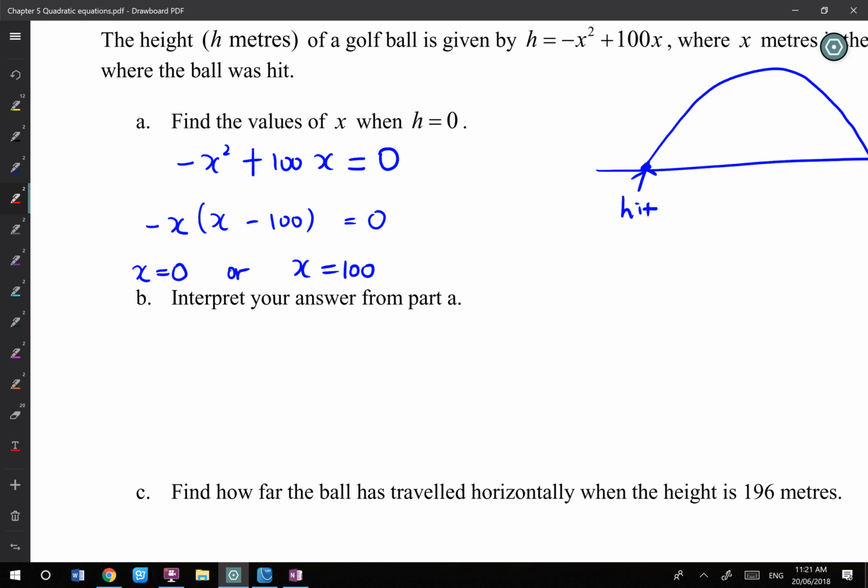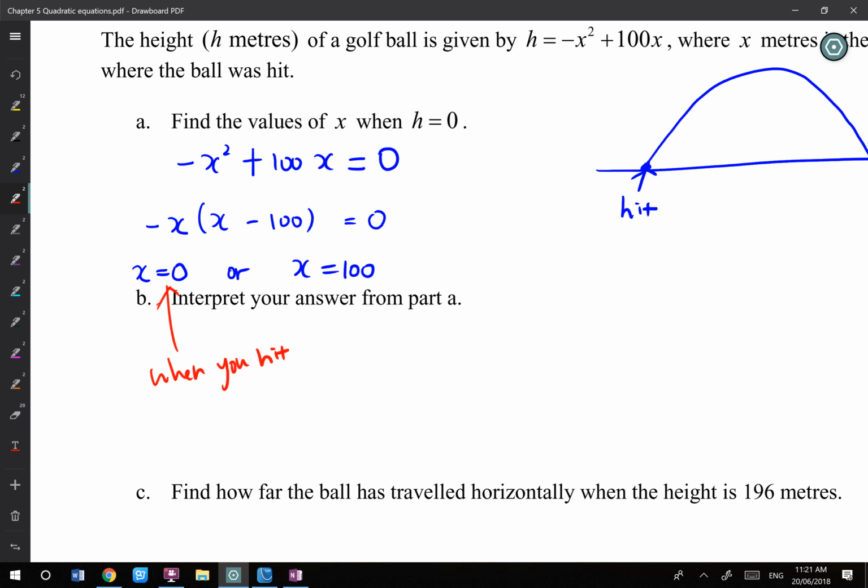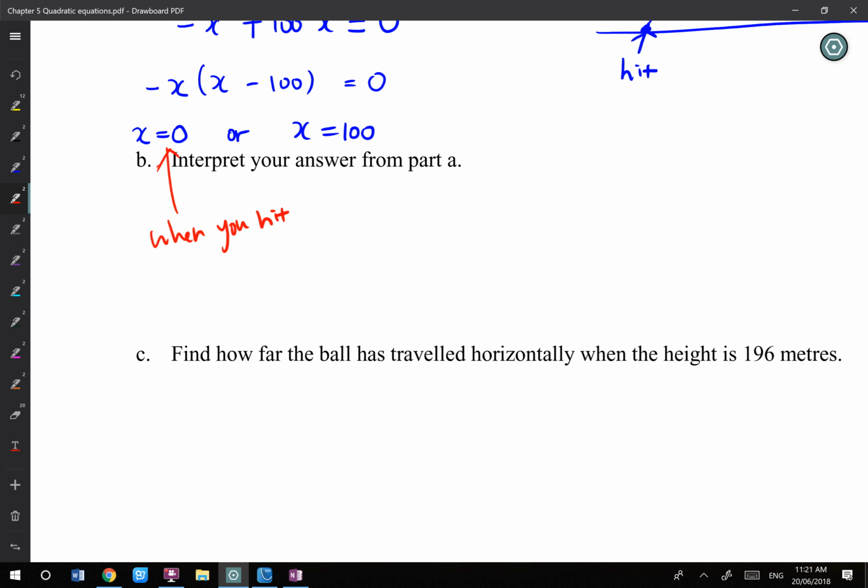Interpret your answer from part A. So x is 0 is when you hit. The ball is originally on the ground, so the ball sits on the ground and is not traveling yet. It's just when you hit.